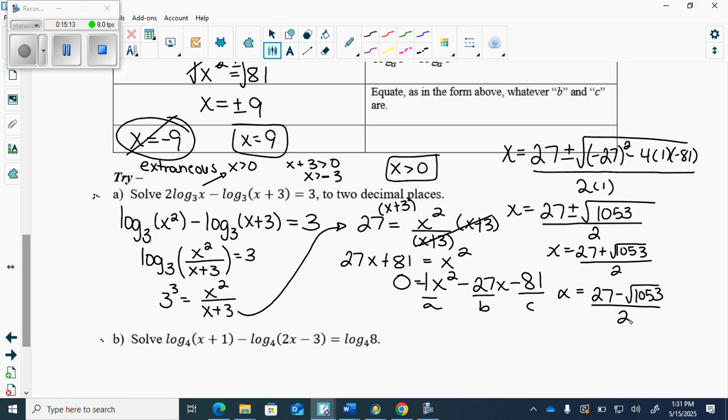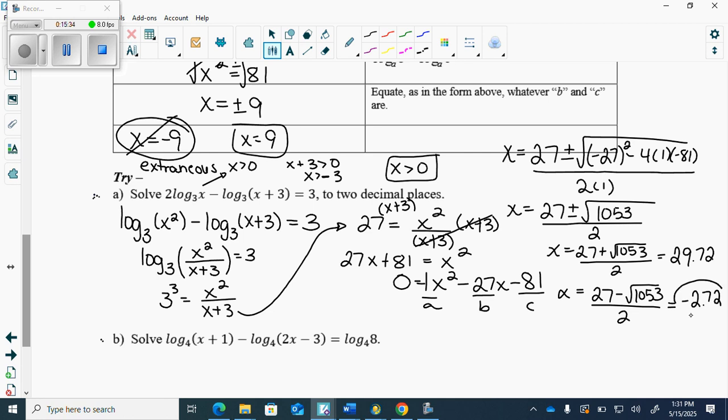And markers for those. It's 29.72. Negative 2.72.